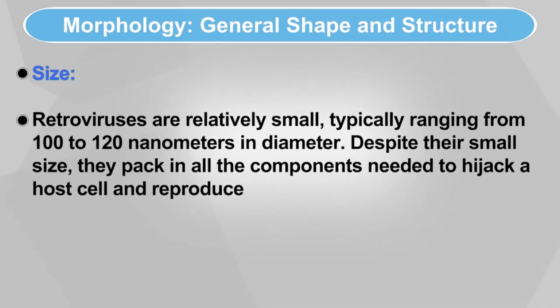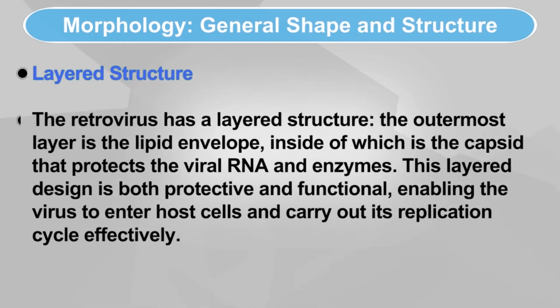Despite their small size, they pack in all the components necessary to hijack a particular host cell and then later reproduce. They also have a layered structure. The retrovirus has almost 3 components. The first one, we have already studied, is the genetic material, followed by the capsid, followed by the envelope.